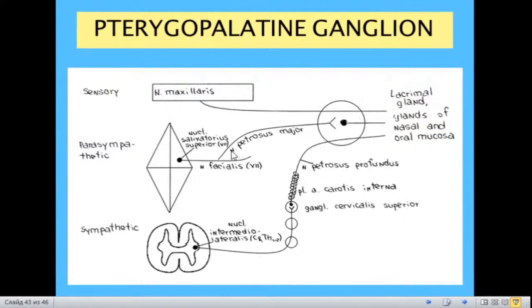Then preganglionic parasympathetic fibers start from nucleus salivatorius superior. Axons move firstly through nervus facialis, then nervus petrosus major, then this nerve joins nervus petrosus profundus to form the Vidian nerve, nervus canalis pterygoidei, and parasympathetic fibers synapse in this ganglion.